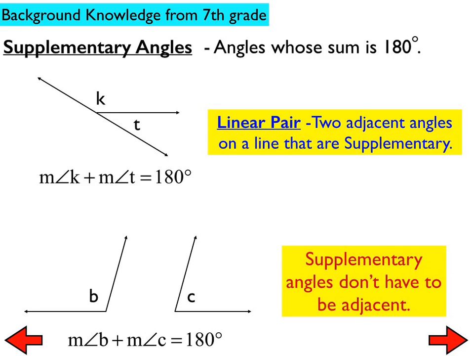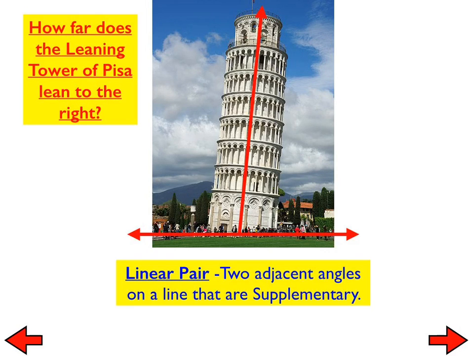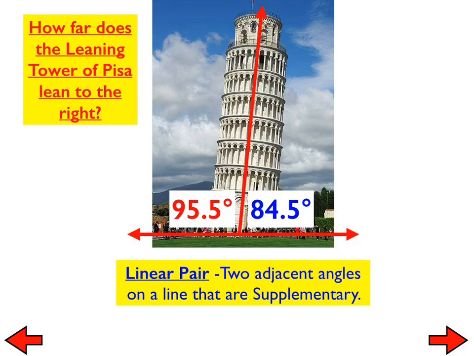Here's an example: this is an actual picture of the Leaning Tower of Pisa, and it is leaning one way, 95.5 degrees. If we wanted to find out how far it was leaning the other way, that's an example of a linear pair or supplementary angles, and it happens to be 84.5 degrees.